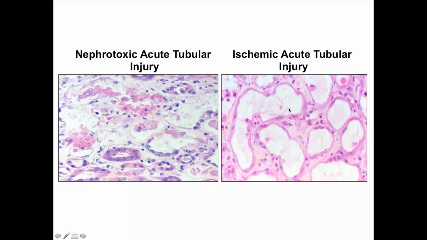In ischemic acute tubular injury, predominantly they will just be simplified. We won't have this look of half still viable, half dead, and the granular casts. We just have a simplified epithelial layer.